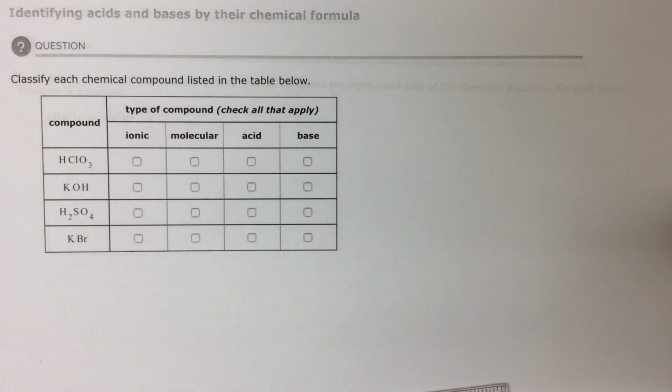Now, if there is a hydrogen to give, and often it will be listed first on your compound. Many times acids are written so that you see the hydrogens first. Then you can tell that it's an acid. If you remember when we learned how to name or how to write the formula for compounds, hydrogen did not come until right before groups 6 and 7.